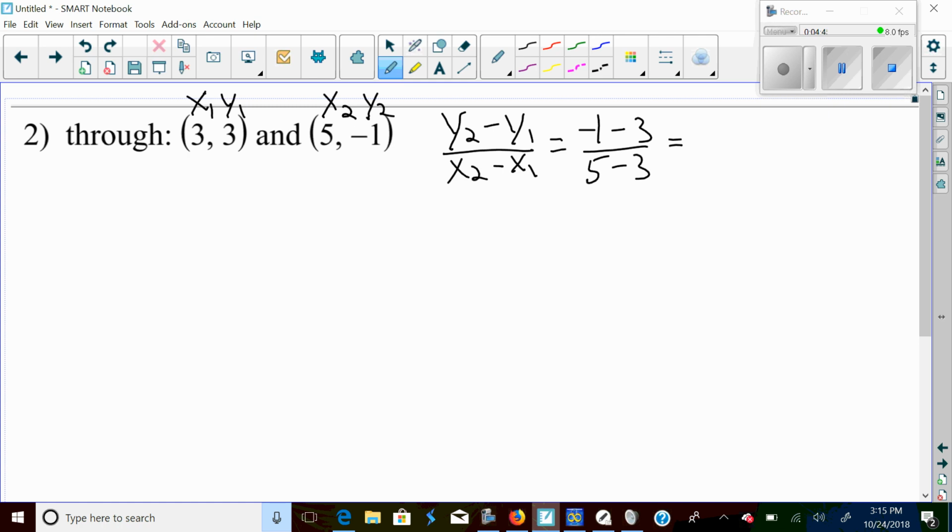All right, got two negatives. They'll stay negative here, and that's going to be a -4. And 5 minus 3 is going to get us 2, and that's going to simplify down to -2. So our slope is -2. All right. Now I'm going to go ahead and plug that into y equals mx plus b.